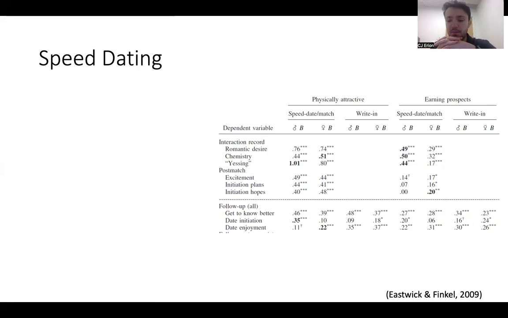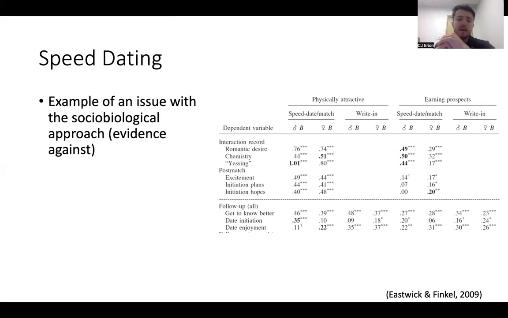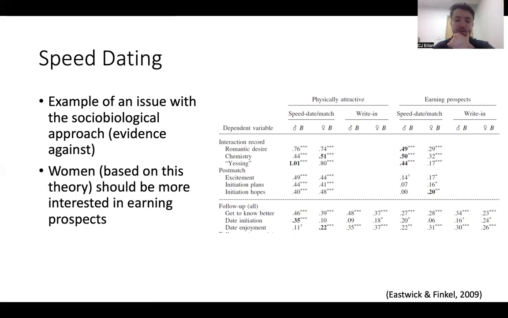And so this is an example of a study that does not support the sociobiological perspective of how men and women differ in how they perceive mate value. Again, it's just an example of an issue with this approach.